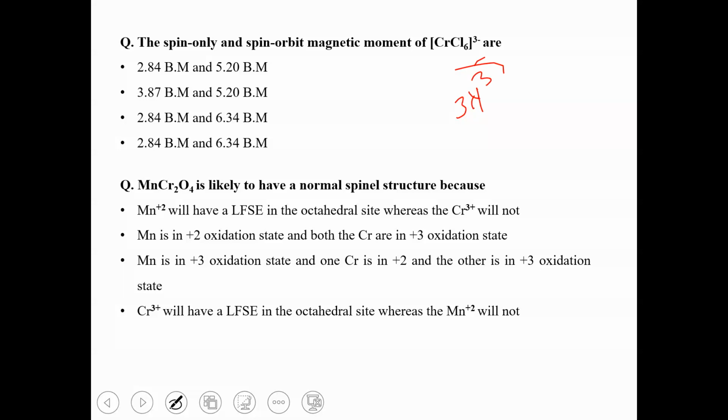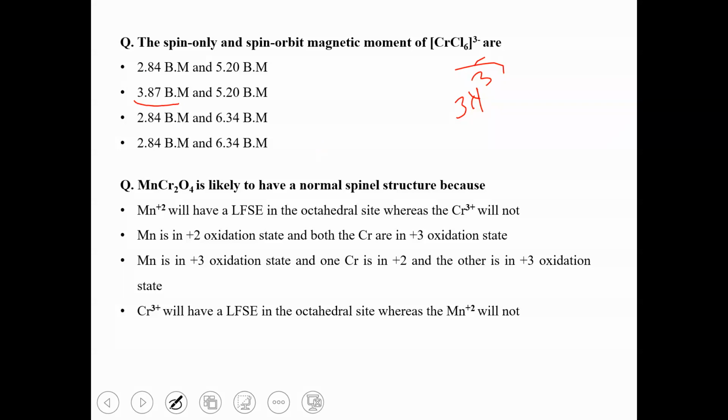So the spin-only value will be under root 3 multiplied by 3 plus 2, that is under root 15. Am I right? So it will be most likely 3.87.